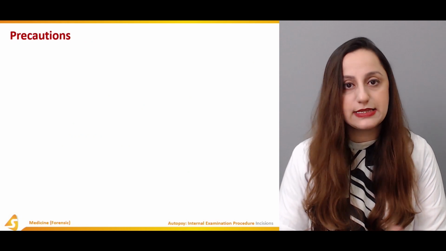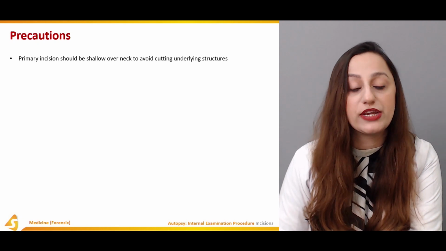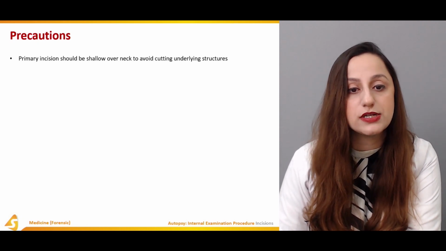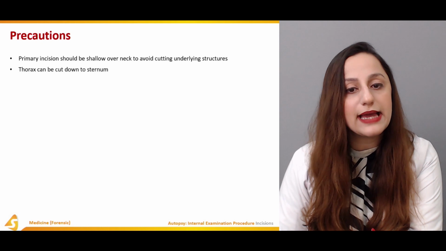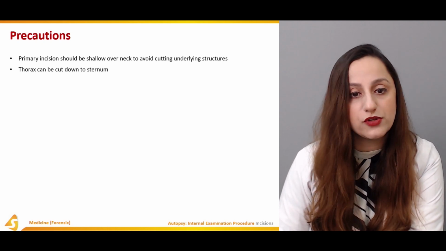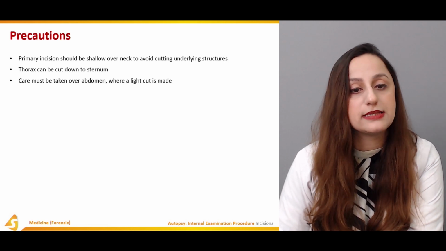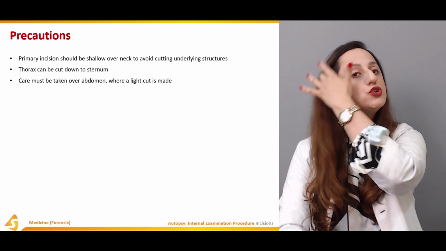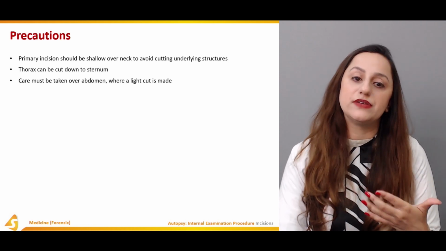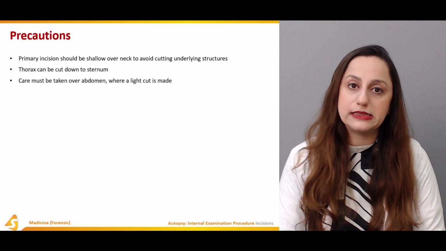Now, the precautions that we have to take: the primary incision should be shallow over the neck to avoid cutting the underlying structures, of course. The thorax can be cut down to the sternum, so we have to be very careful. Care must be taken over the abdomen where a light cut is made, because we don't want to hinder the evidence.